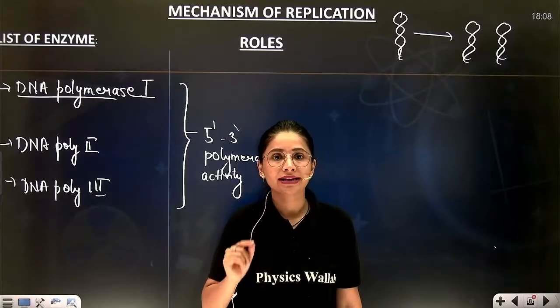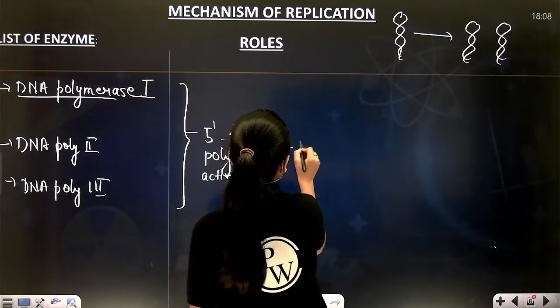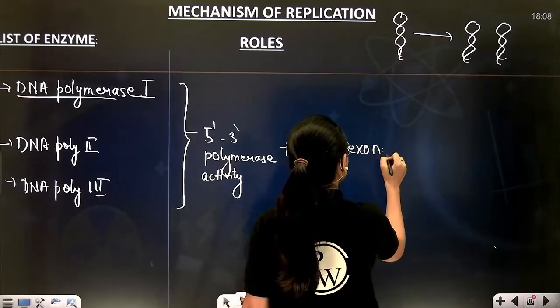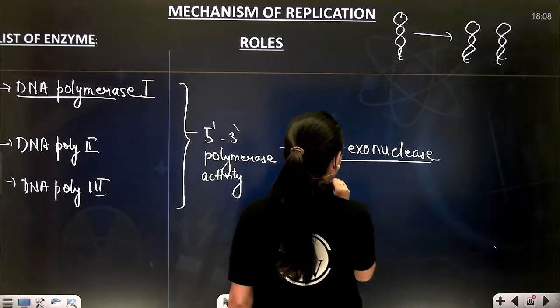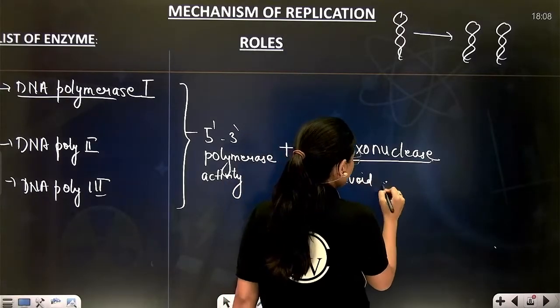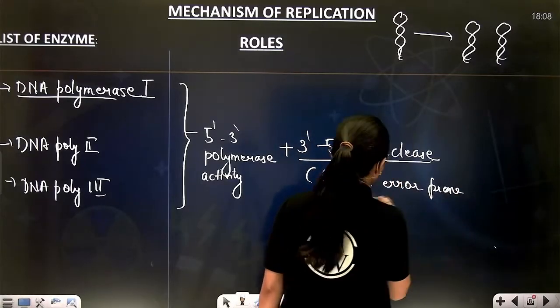It is known as 3' to 5' exonuclease. This activity is specifically to avoid error-prone replication.